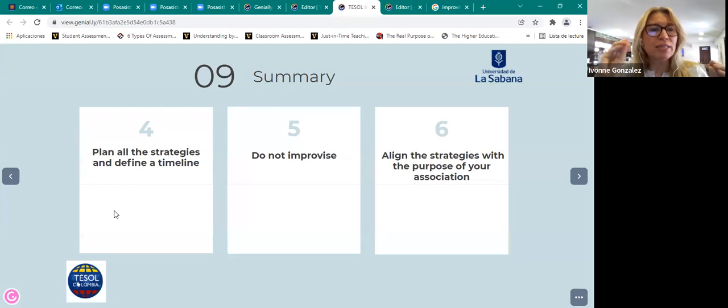So you have to be careful to go from big to small. I mean, from the big idea and the objectives to the list of the strategies, and each strategy will become a set of activities or tasks. Do not improvise. It doesn't work. In raising money, improvising doesn't help. So everything must be planned.